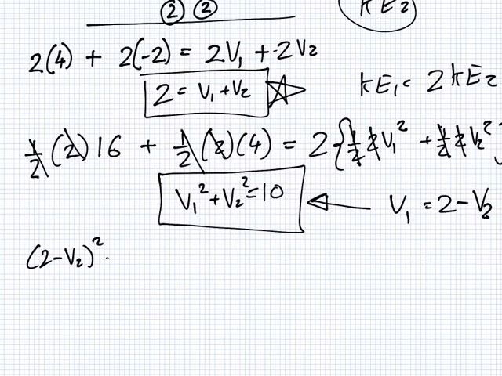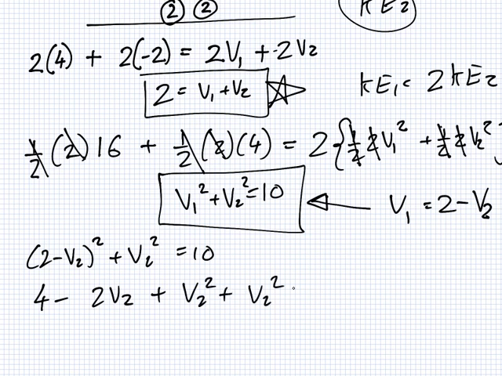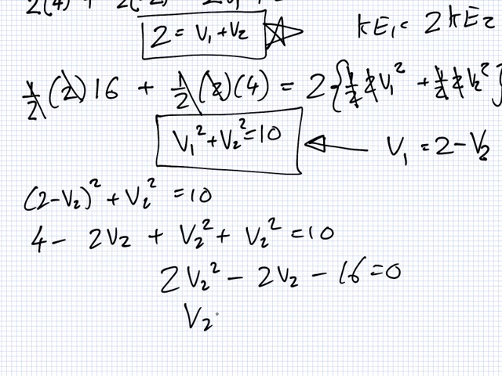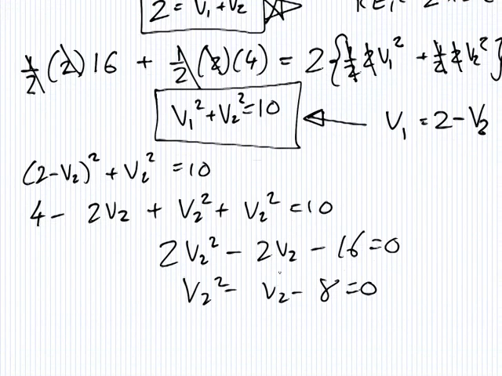Right, that plus that equals that. 4 minus 2V2 plus V2 squared plus V2 squared equals 10. 2V2 squared minus 2V2 minus 16 equals 0. V2 squared minus V2 minus 8 equals 0. Right?